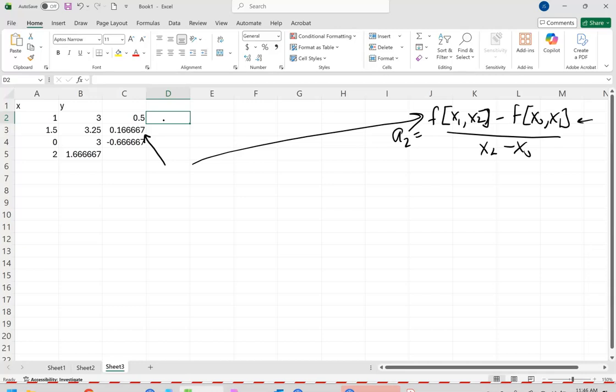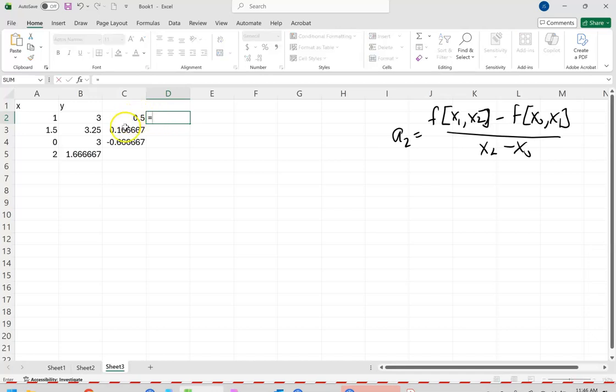Okay? So for the next one here, let me erase that. So this next one here is going to be what? We'll do this one. Oops, I need parentheses. This one. That's the f bracket x1, x2, minus this one.